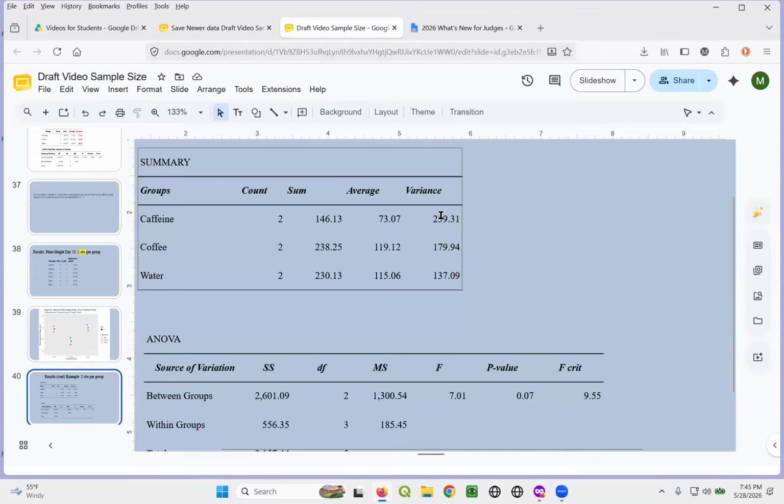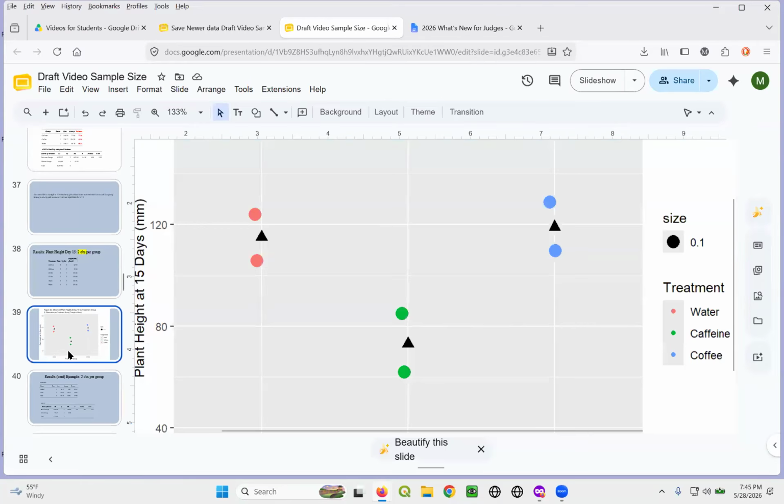Your average between the caffeine and the other two groups is so big of a difference that it doesn't surprise me it's starting to get towards significance. The observed effect size is so large that it doesn't surprise me that you're getting something like that.